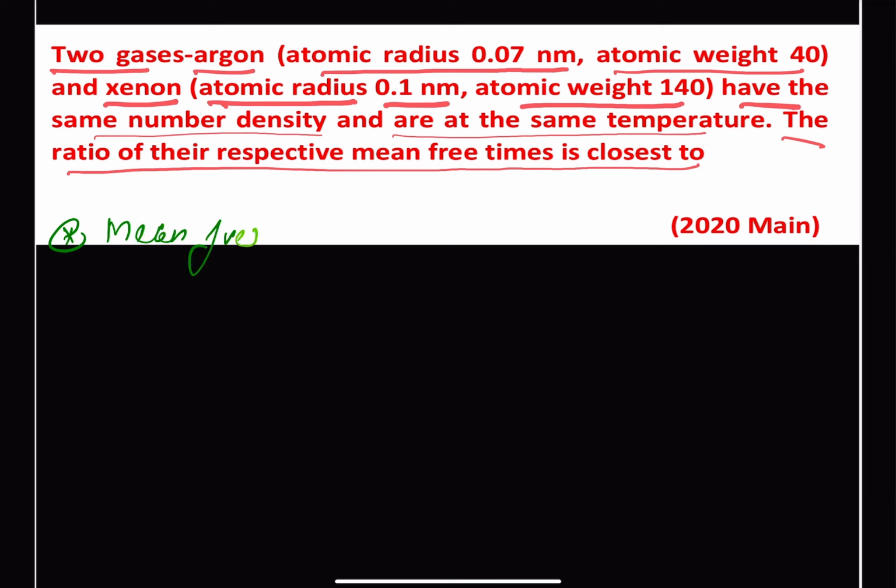So the mean free time, our tau, will be equal to lambda upon the mean velocity, and this can be written in terms of proportionality as 1 upon n times sigma, multiplied by square root of m.